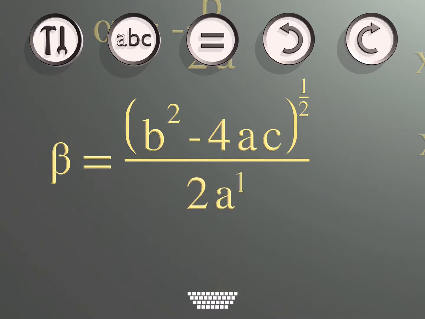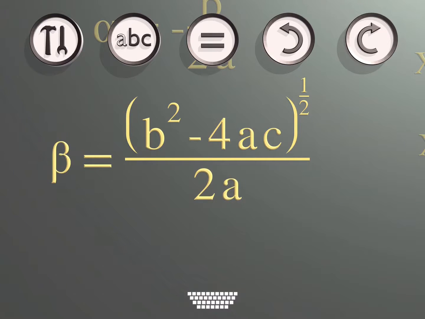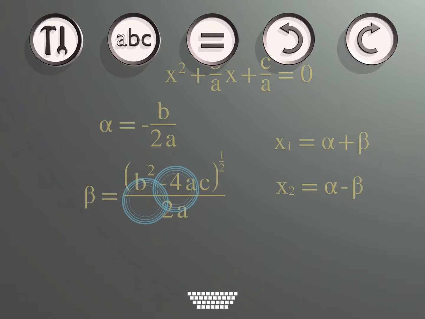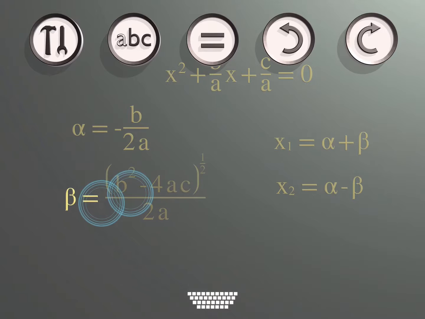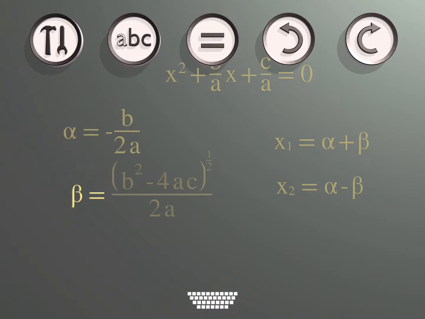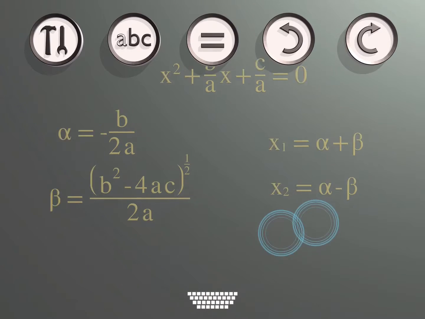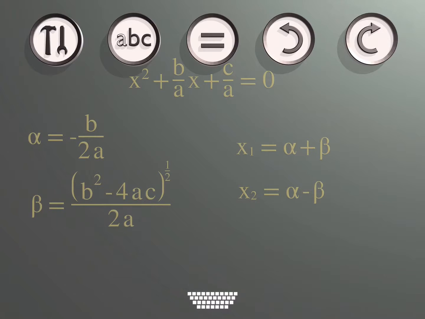Almost done. Now we have both alpha and beta in terms of a, b, and c. Now let's take what we just derived and plug those back into our ansatz, our guess for what x1 and x2 look like.